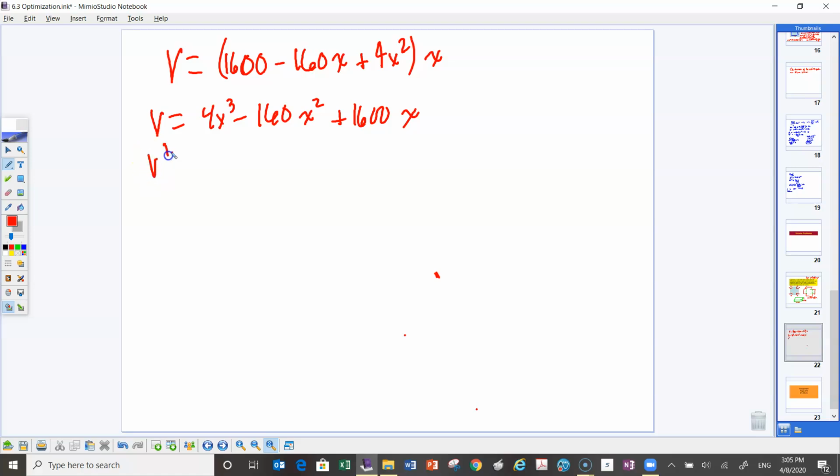So now if I take the derivative, I get 12x squared minus 320x plus 1600.